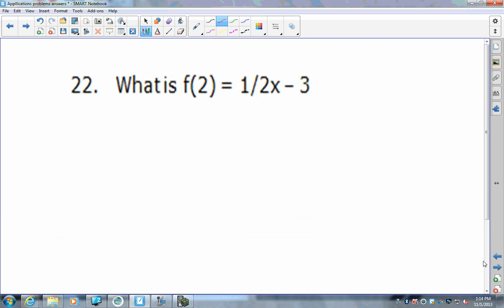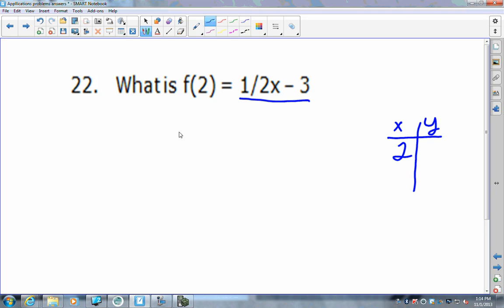Okay, so what about 22? It tells you the same type of thing. It tells you f of 2 equals 1/2 x minus 3. So one way you could do it is in the calculator, where when x is 2, what is y? You would put 1/2 x minus 3 in there.